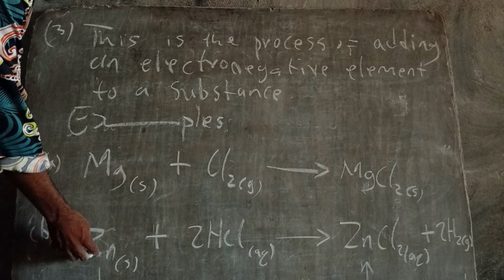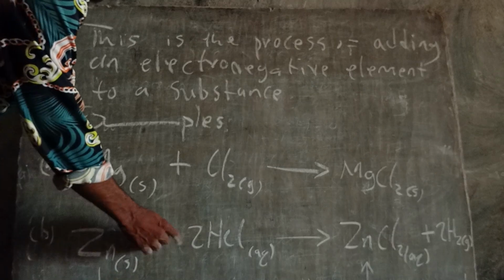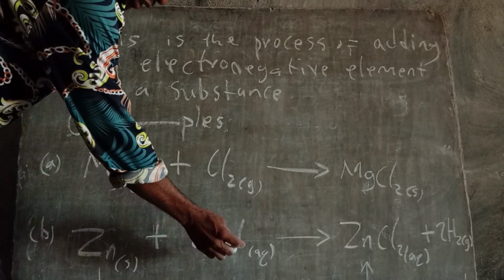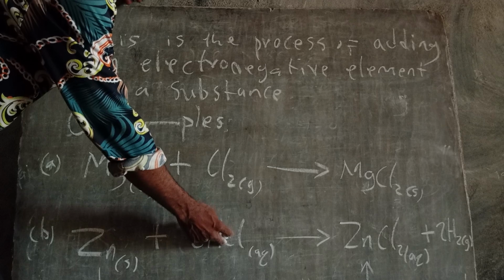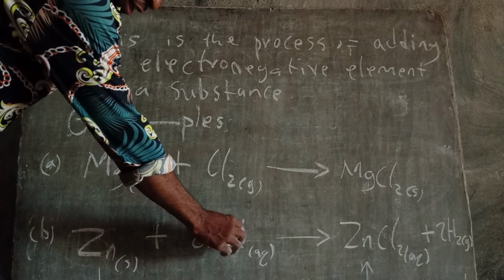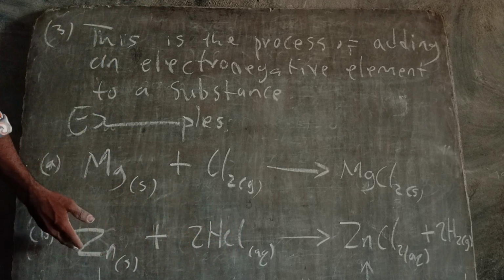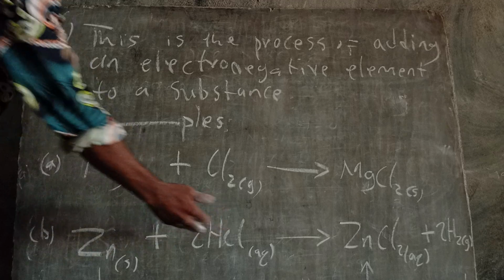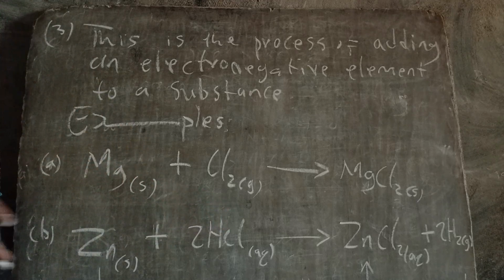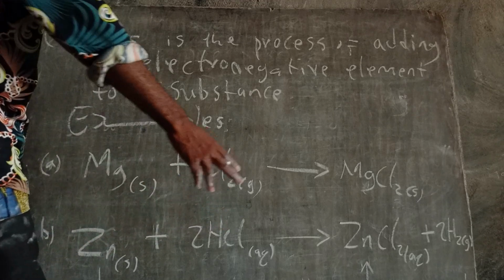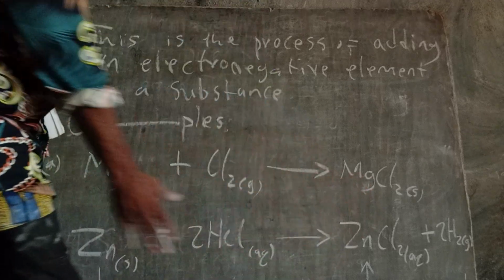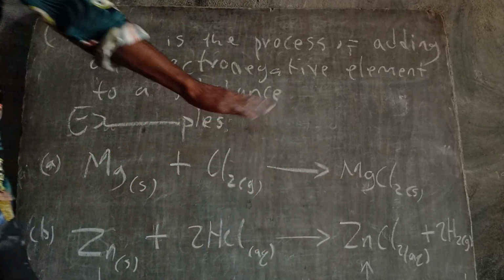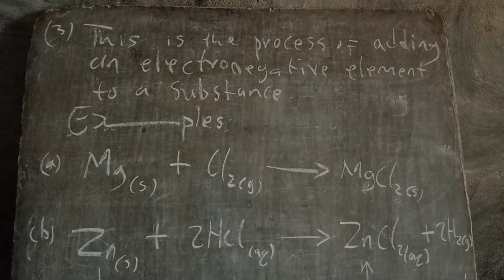And you discover that during the process of reaction, chlorine left this and went to join zinc. Chlorine is an electronegative element and has come to join what? Zinc. So in this process, the reaction happening is what we call oxidation reaction.